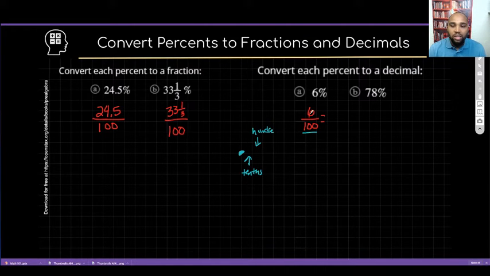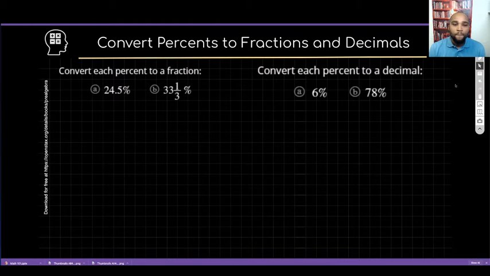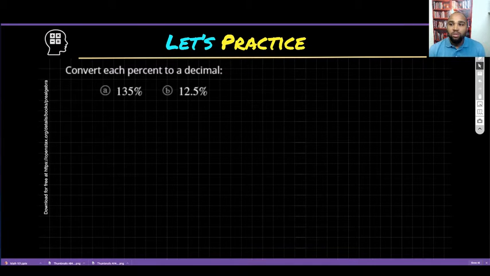So I know there's a 6 in the hundredths place, so I'm going to write 0.06. That's 6 hundredths, or 6% as a decimal. Same thing here: 78 per 100. So the decimal is going to be 0.78, because that's 78 hundredths. It's that simple.